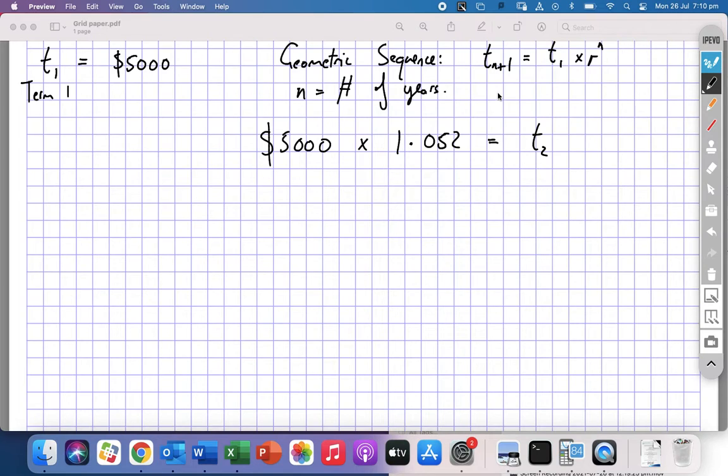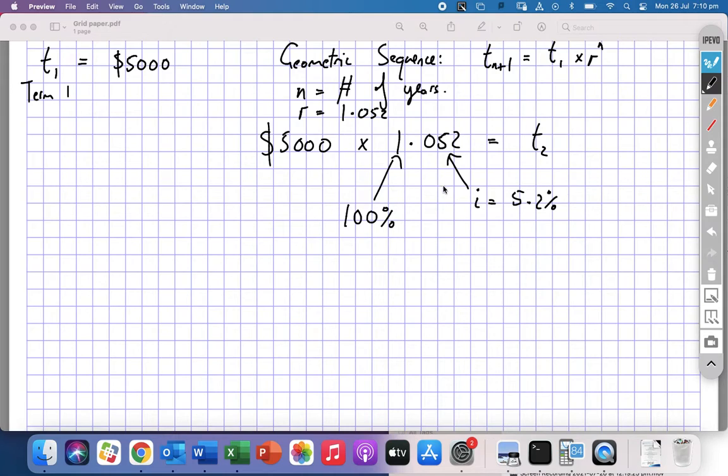Can I fit that in here? Yeah, R equals 1.052. Let's just explain what that is. The 1 is because we want to keep the $5,000. So that's really representing 100% of the 5,000. The 5.2 is because the interest on the money is 5.2%, right?